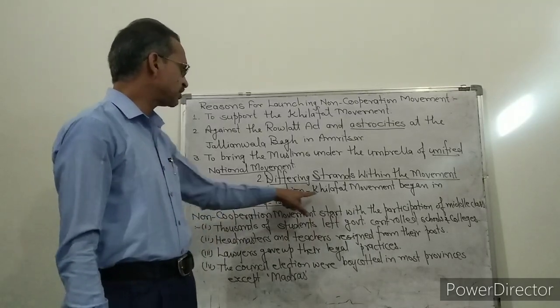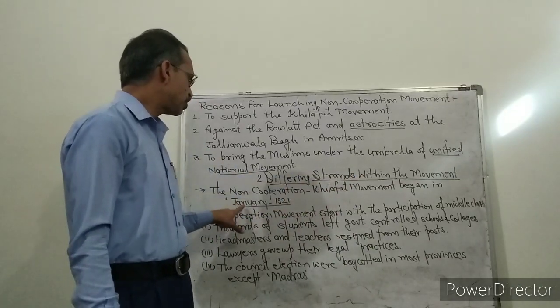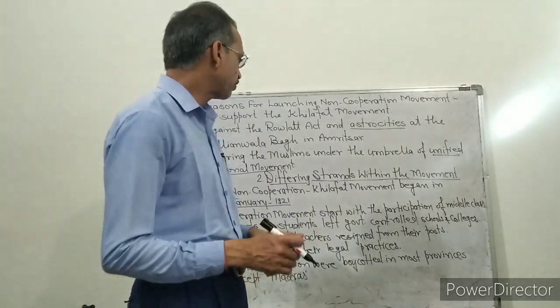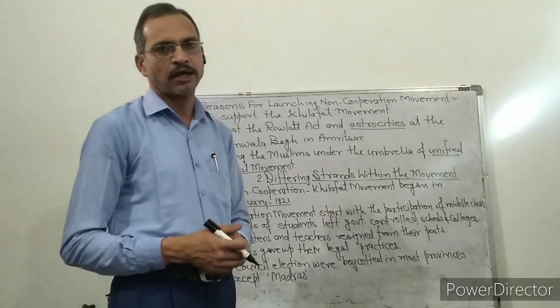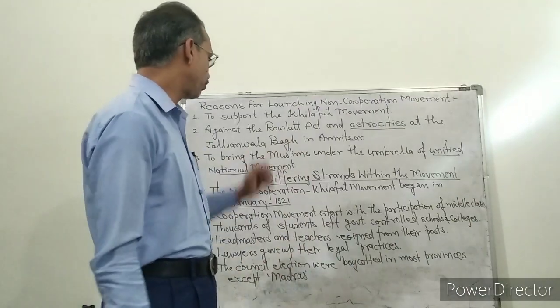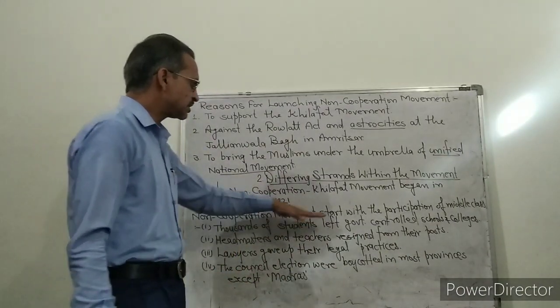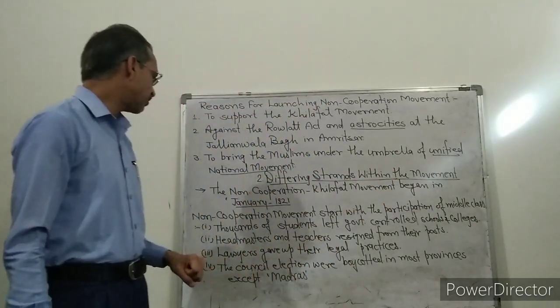The non-cooperation Khilafat movement began in January 1921, and the non-cooperation movement started with the cooperation of the middle class. How did the middle class participate in this movement? First of all, the non-cooperation movement started with the participation of the middle class.